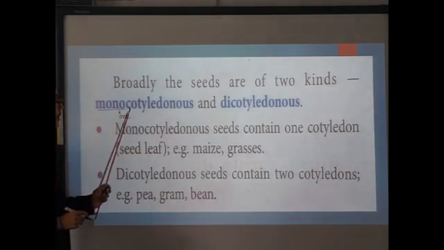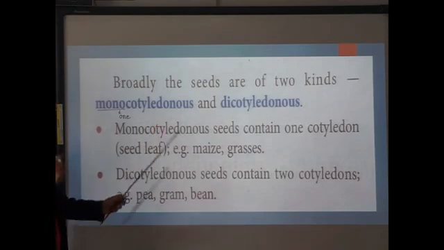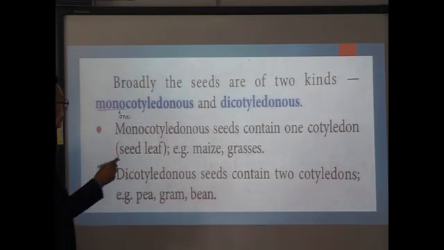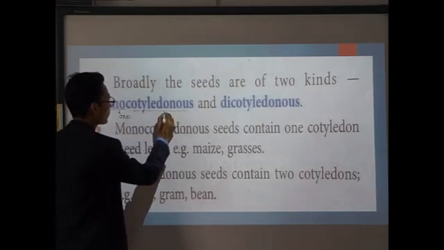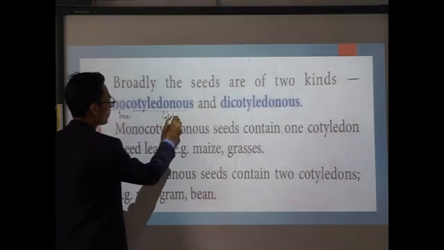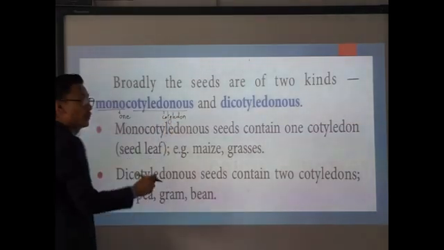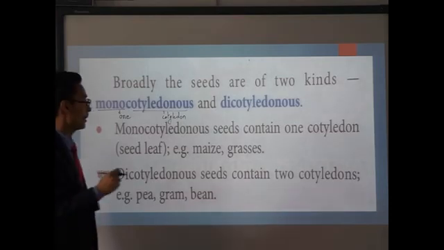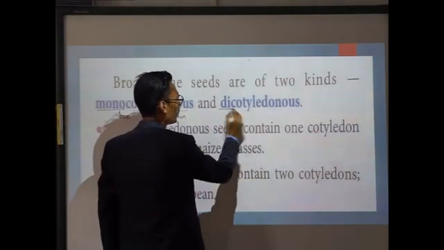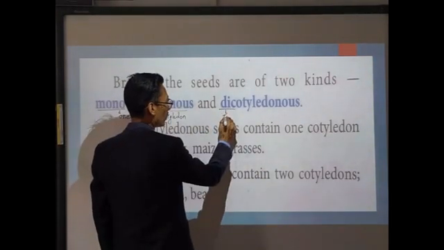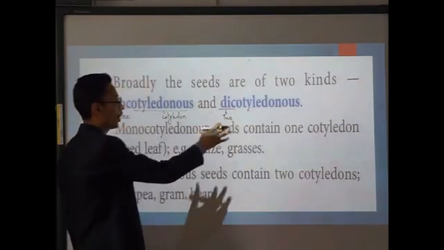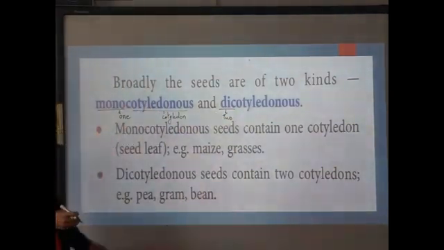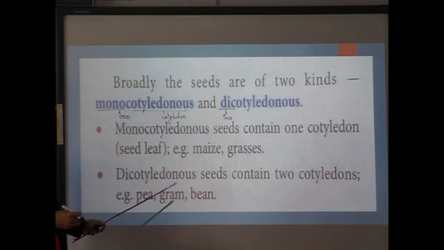So in monocotyledonous seeds there is a single cotyledon. Cotyledon is the future leaf of a seed or a plant. Dicotyledonous: di means two, so in dicotyledonous seeds there will be two cotyledons.